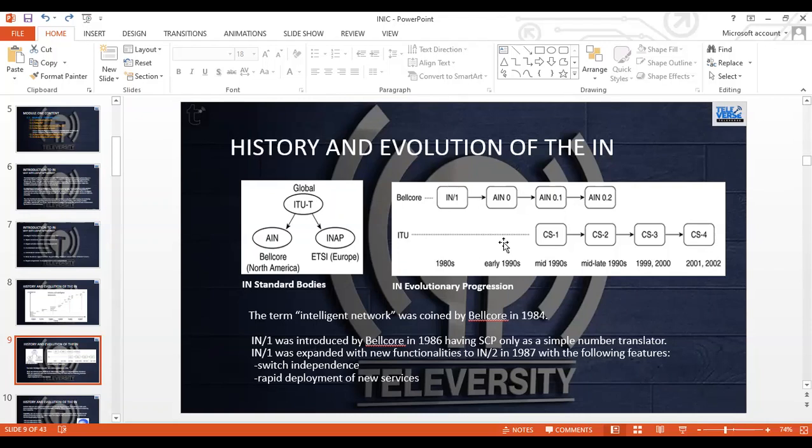But just a preamble, IN being an intelligent network doesn't mean that since the intelligence is taken away from the switch, the switch doesn't have intelligence. I'm sure you've already done some of the core network concepts, and you can see it's quite a lot of abstract stuff. It's very, very intelligent. The intelligence in this sense is relevant in terms of something that is directly applicable to the customer.